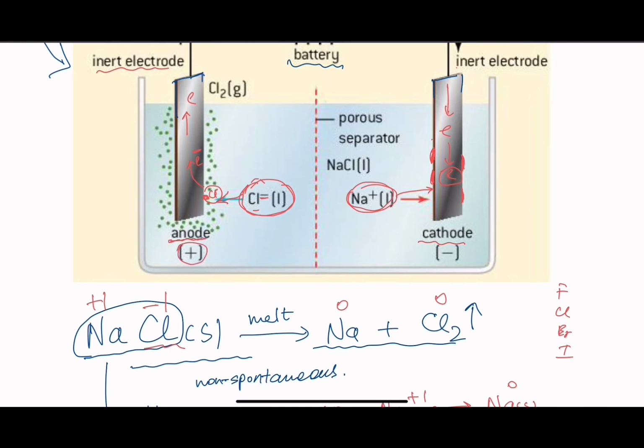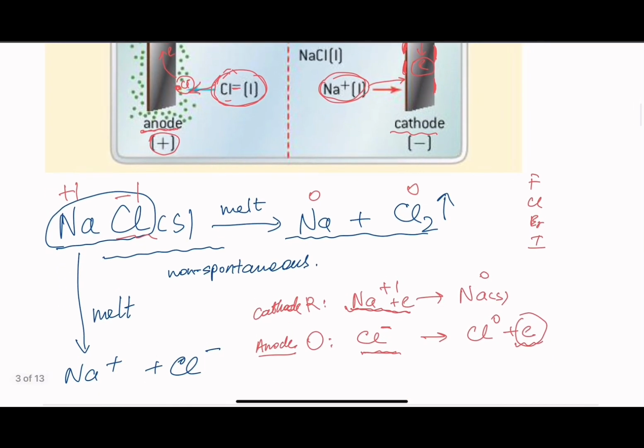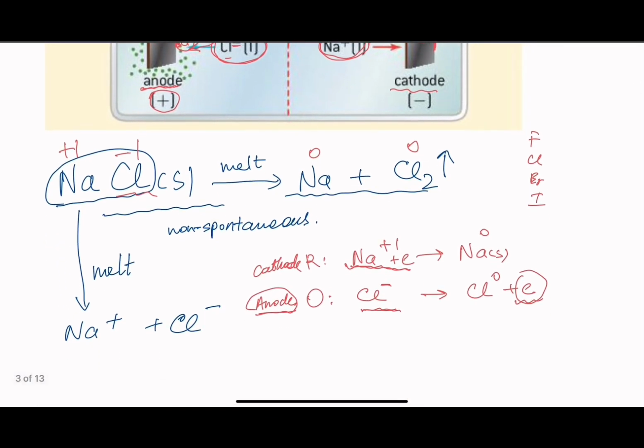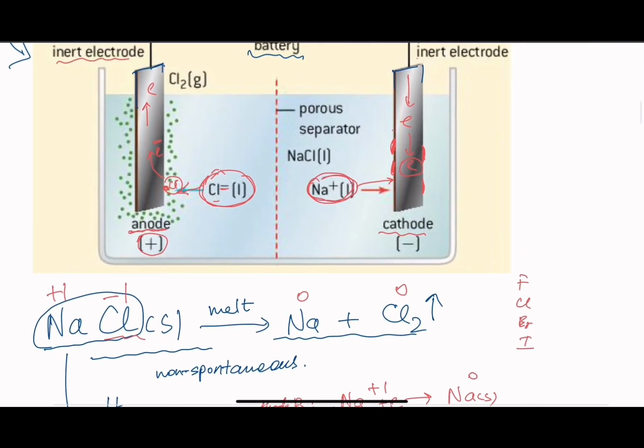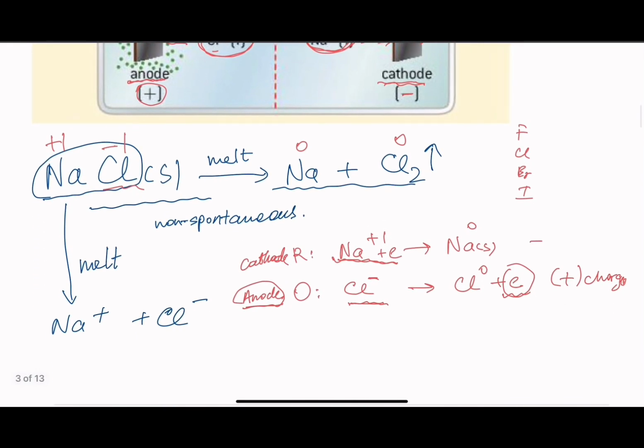And we know that chloride oxidized in here, so this makes the anode positively charged. While in here, sodium is coming to the cathode, where the reduction happens. Because sodium carries a plus charge, it will come to the electrode which is negatively charged. Is it clear? So that's why it is negatively charged.